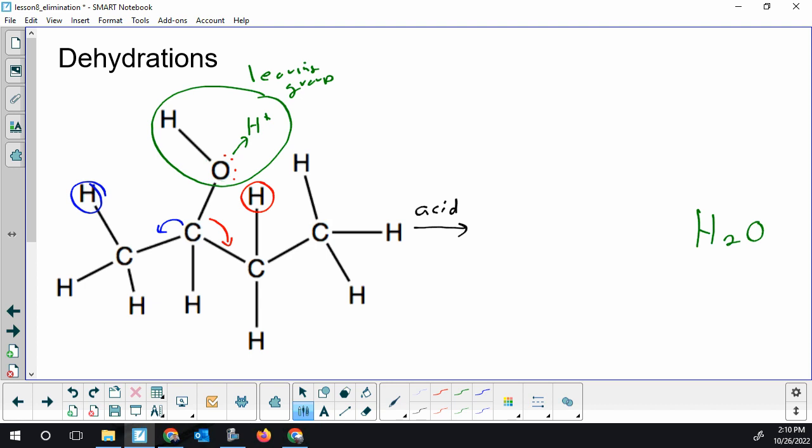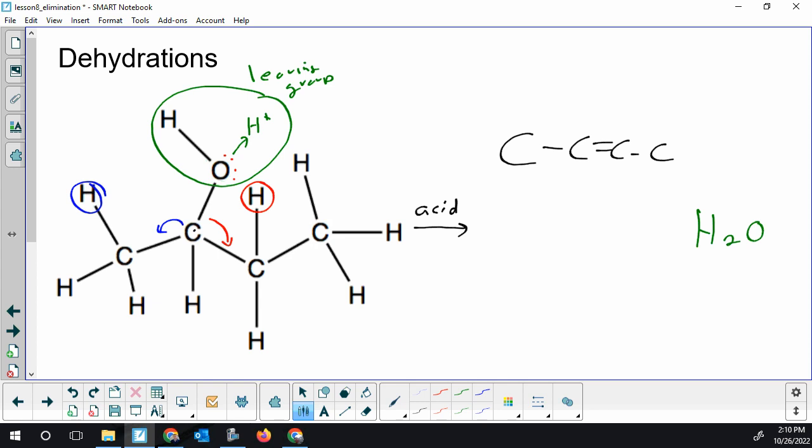Okay. So let's do the red version first. So the key thing is find your hydroxyl group, realize that's going to leave. There's the carbon connected to the hydroxyl group. I'll do the version to the right first. So we had 1, 2, 3, 4 carbons. There's the first. There's the second that had the hydroxyl group attached to it, and I'm going to the right of the carbon that had the hydroxyl group.